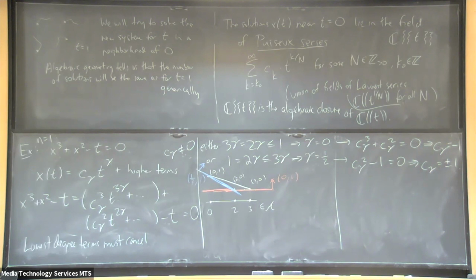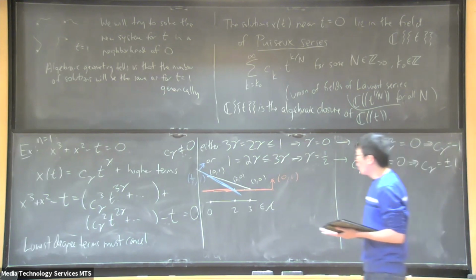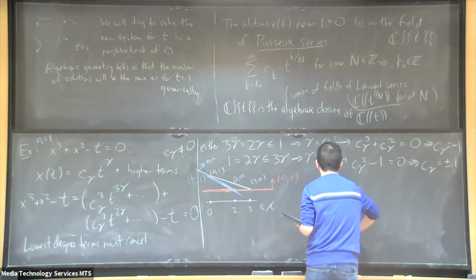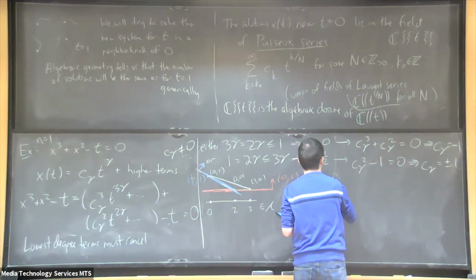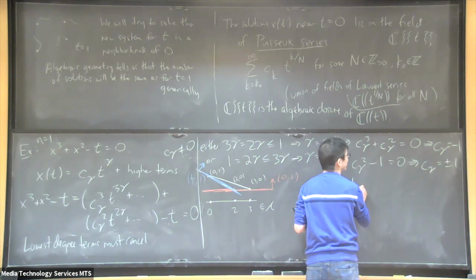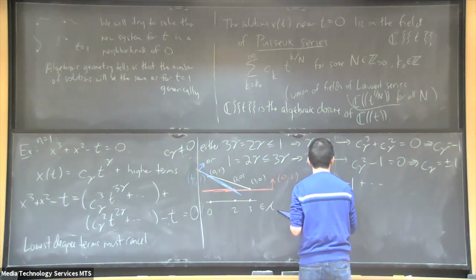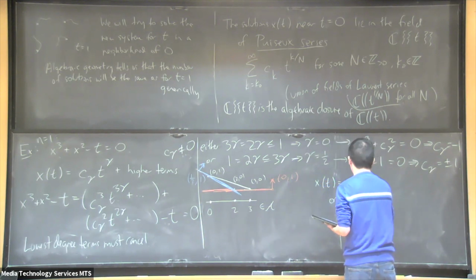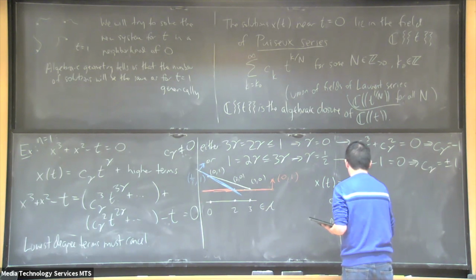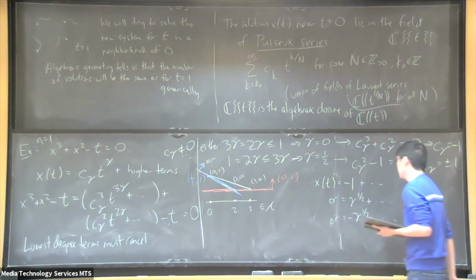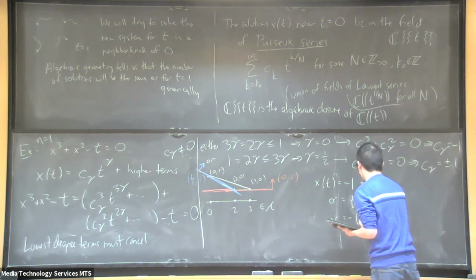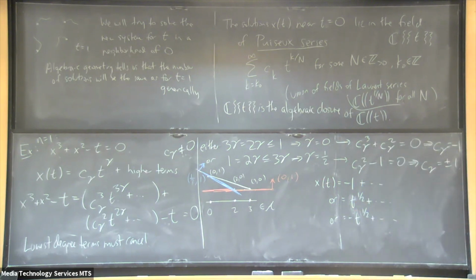Okay. And the claim is once we know the lowest degree term, right here, we have solutions that look like x of t is -1 plus higher terms, or t to the 1/2 plus higher terms, or negative t to the 1/2 plus higher terms.